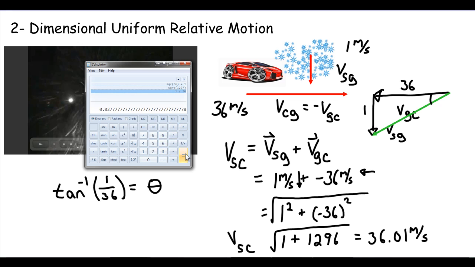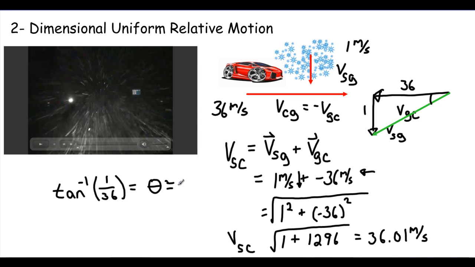Hit the equal sign, and that's the number. And then I want to take the inverse tangent, and that gives me that the angle is going to be 1.6 degrees. So theta equals 1.6 degrees. Now, that is that angle right there. So it's not a very big angle, which makes it appear as though the snow is coming right at me. In actuality, the snow is falling straight down. And so those are our two cases of relative motion.